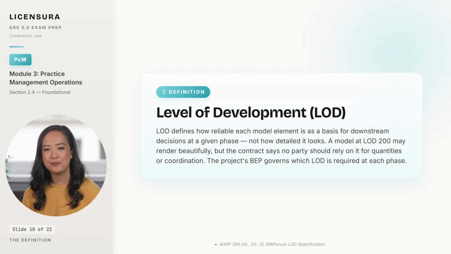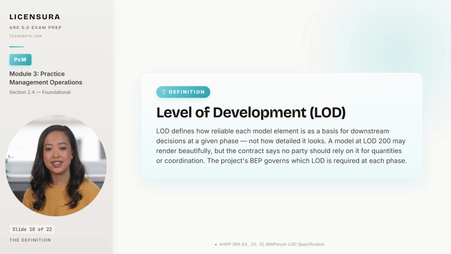The distinction is binding in contract because AIAG 202, the BIM protocol exhibit, uses LOD to govern what each party may rely on at each phase. An element at LOD 200 may render beautifully and look complete, but the contract says no party should rely on it for quantity takeoffs or coordination because the design intent has not yet been committed.